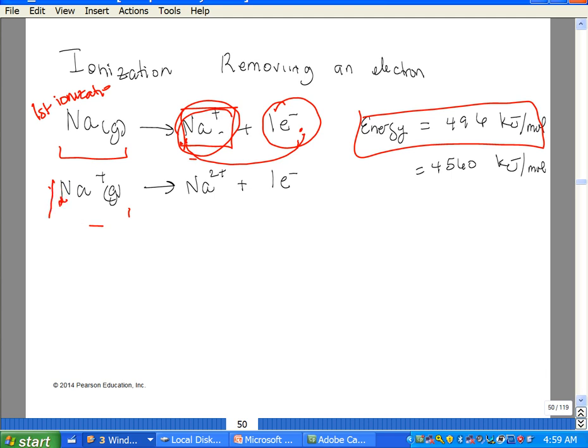So the second ionization means that we're going to remove a second electron, and it's going to have not a positive one, but a positive 2 charge, because we've removed another electron and we've increased the positive charge by 1. Okay?